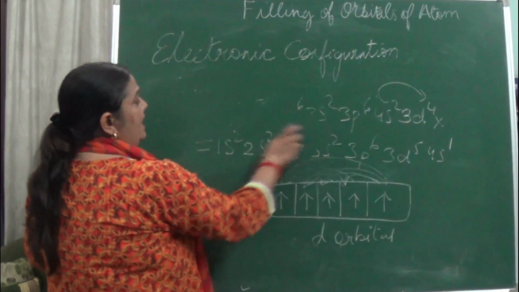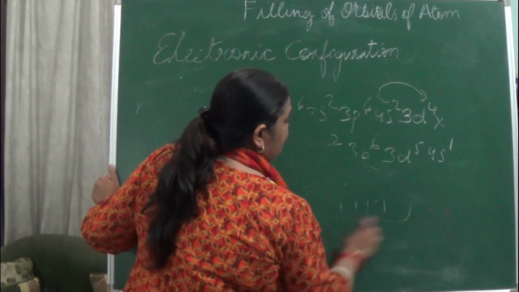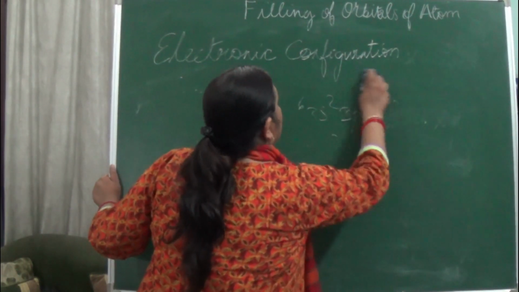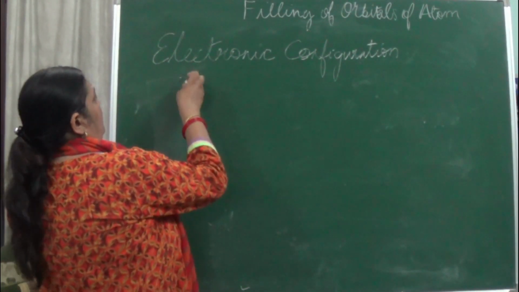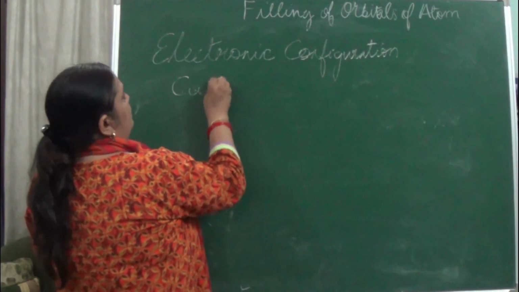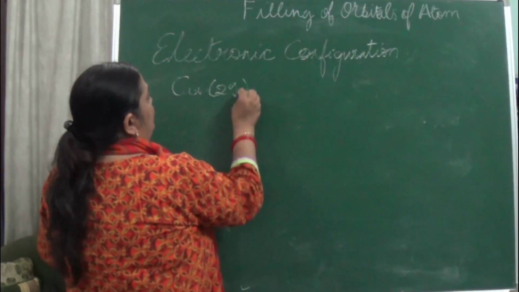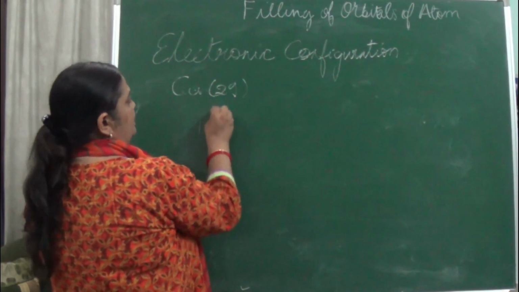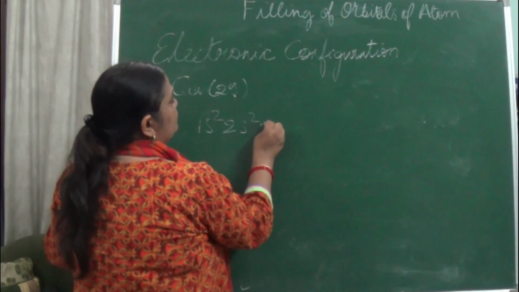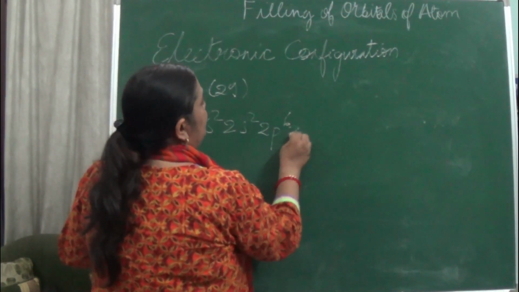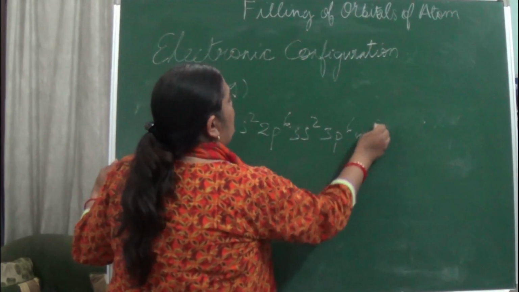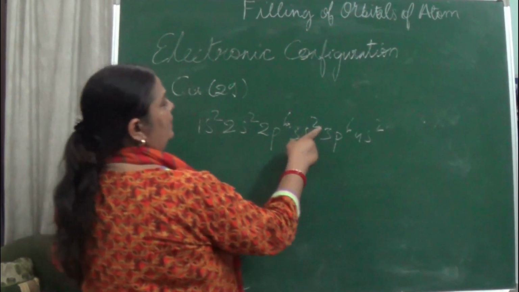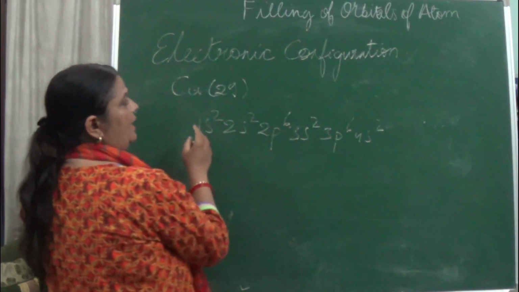Now the next exception is copper. Copper's atomic number is 29. So let us fill in this: 1s2, 2s2, 2p6, 3s2, 3p6, 4s2, how much did it become? 10, 12, 18, 20, 29 it is written.